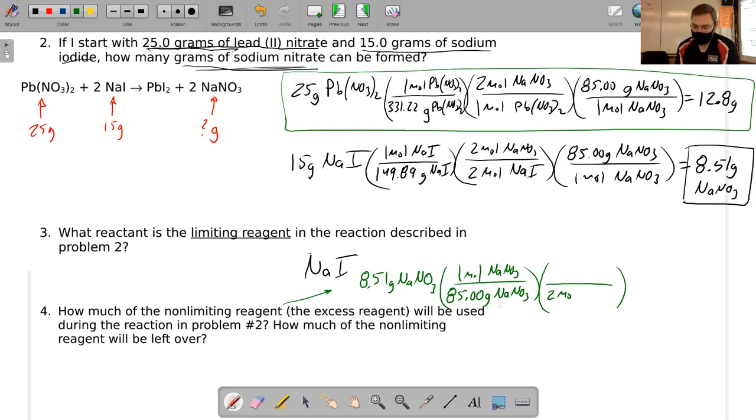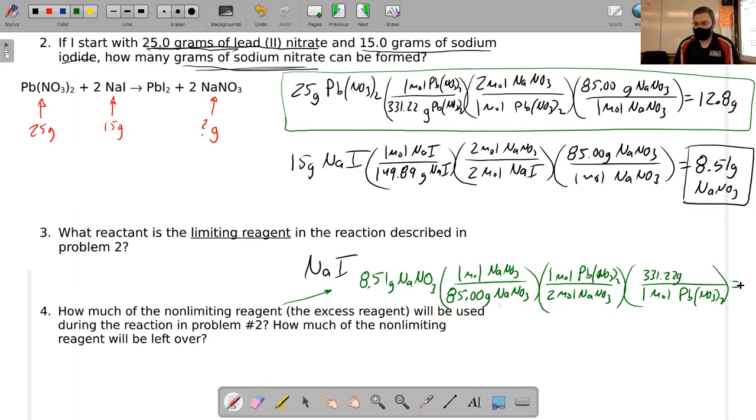For every 2 moles of sodium nitrate, I should need 1 mole of lead nitrate, Pb(NO3)2. And then I have to convert from moles of lead nitrate into grams. Same conversion factor, but it's going to be upside down. 1 mole of lead nitrate, Pb(NO3)2, has a mass of 331.22 grams.